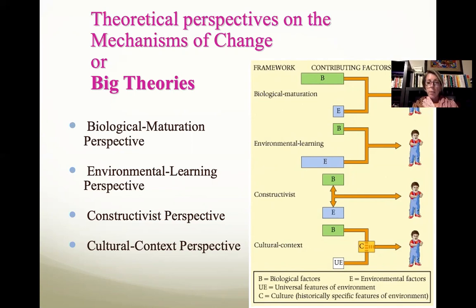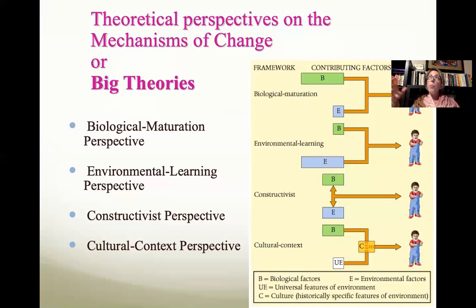Then the constructivist perspective, this is where our buddy Piaget comes in. We're going to talk about Piaget a ton in this class. Piaget, one of the main theorists in child development, looked at kids as, he called them, little scientists, and he argued that they were trying to figure the world out based on the biological maturation of their physical body and their brain, as well as this learning and these conditioned responses that they're getting from the environment.